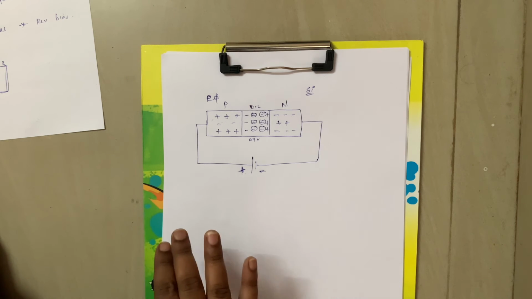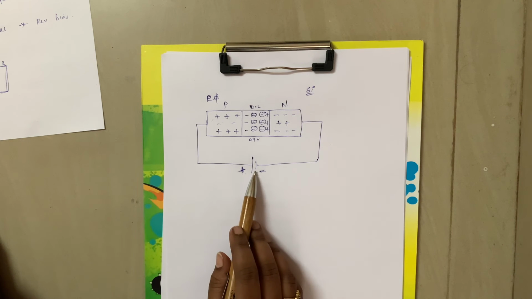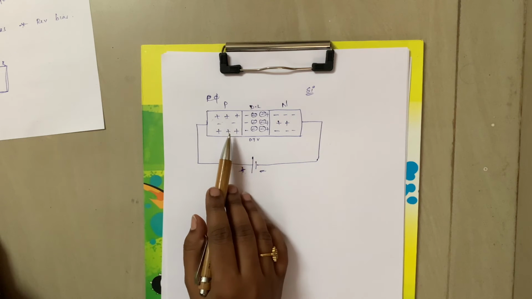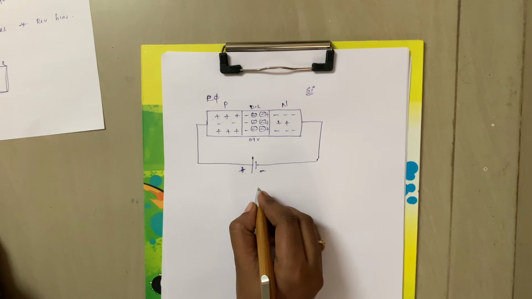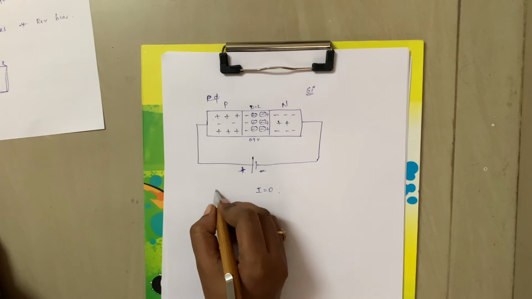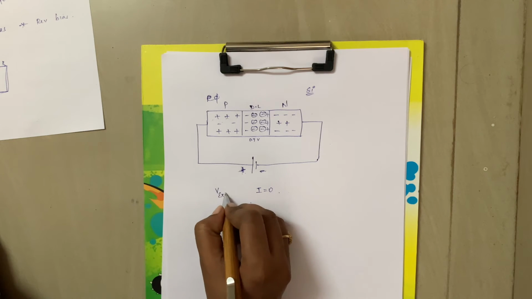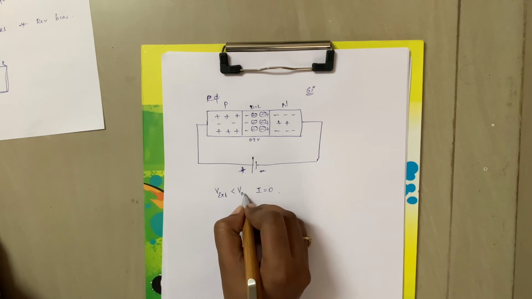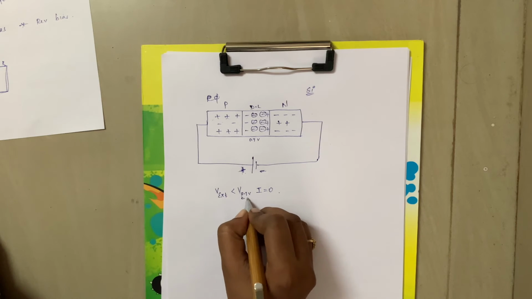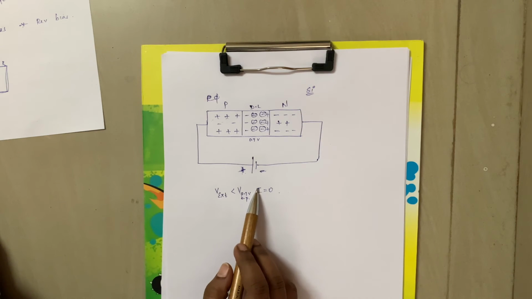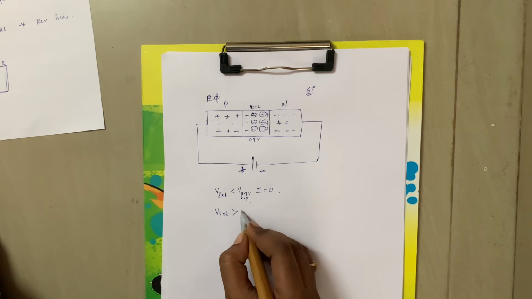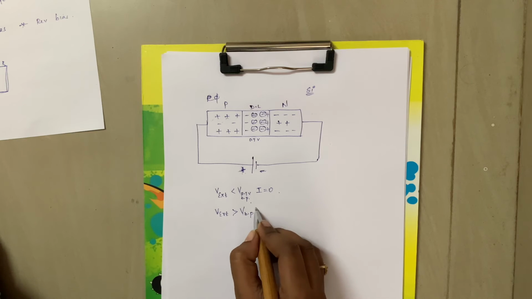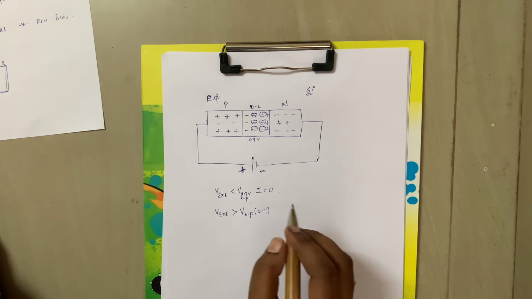This 0.7 volt is stopping. So when you apply the voltage up to 0.7 volt, there is no current flow. When applied voltage is less than 0.7 volt, or barrier voltage, current is 0. When the external voltage exceeds this barrier voltage of 0.7 volt, then the current starts flowing.